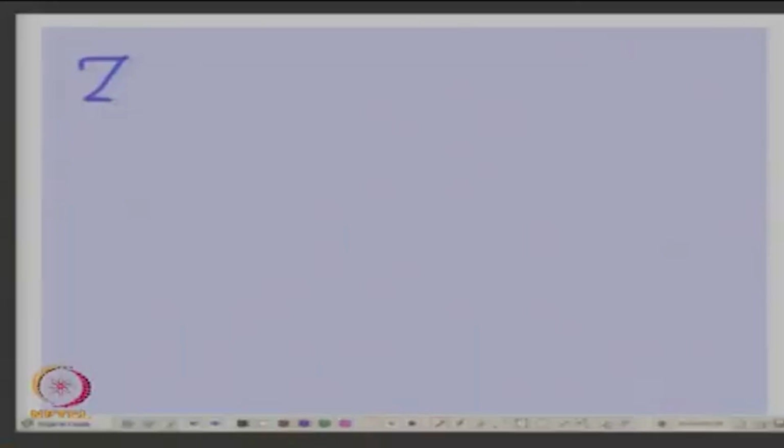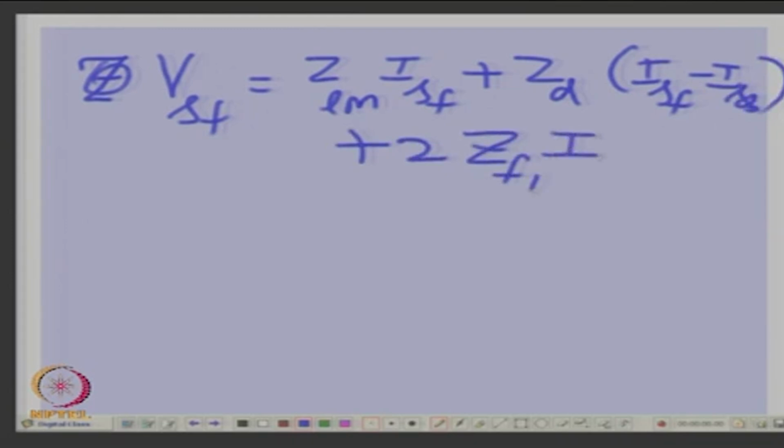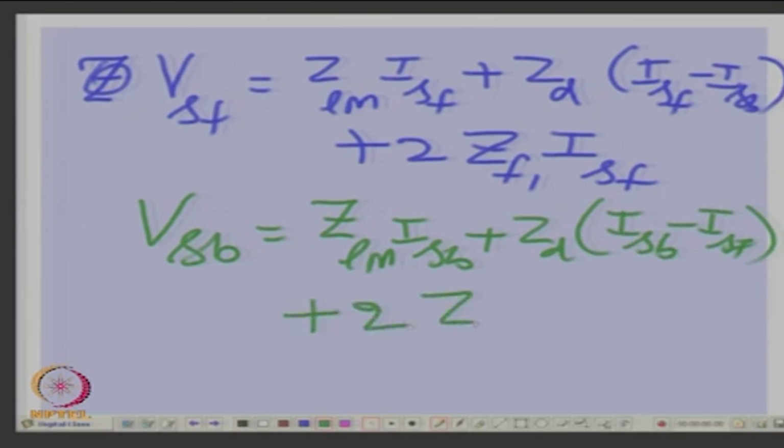So, basically what we have is VSF will be ZLM ISF plus ZD into ISF minus ISB plus twice ZF1 ISF, and VSB is ZLM ISB plus ZD into ISB minus ISF plus twice ZB1 ISB.